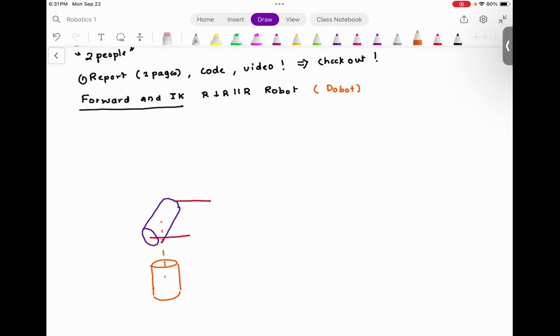So this is the first revolute joint. This is the second revolute joint. And then you have one more revolute joint, which is over here. So this is R, and this guy is your end effector.